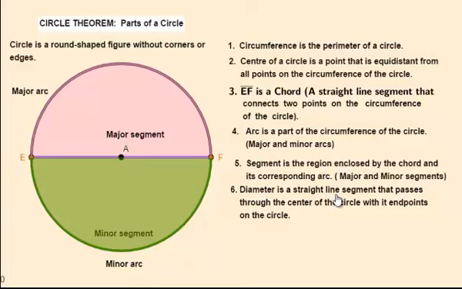Diameter is a straight line segment that passes through the center of the circle with endpoints on the circle. The endpoints are here. We have the E and the F as the endpoints, and it passes through the center.